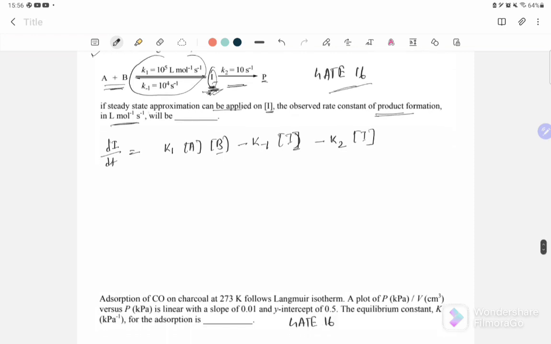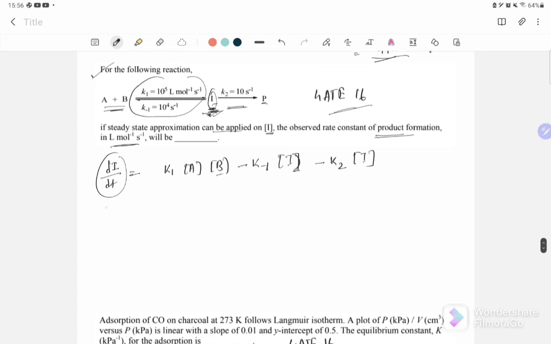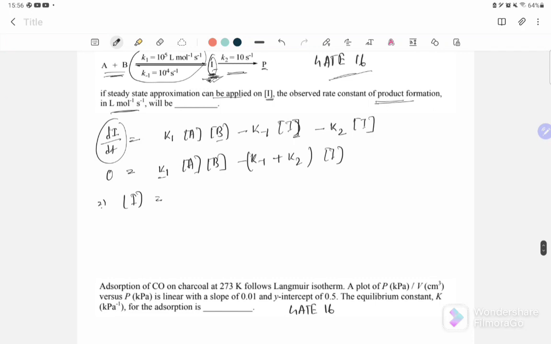If we apply the steady state approximation, d[I]/dt will be 0. So 0 will be k1 [A][B] minus k inverse [I] minus k2 [I]. Now [I] will be k1 by (k inverse plus k2) times [A][B].